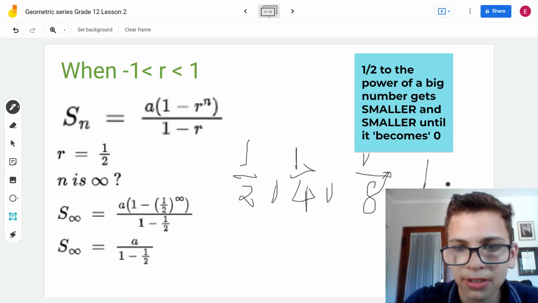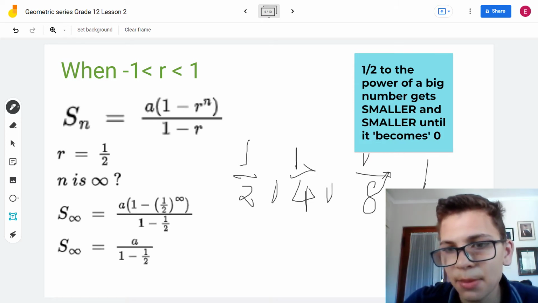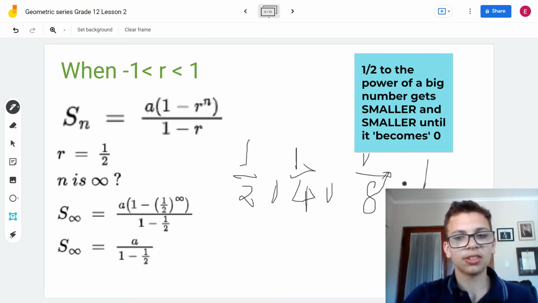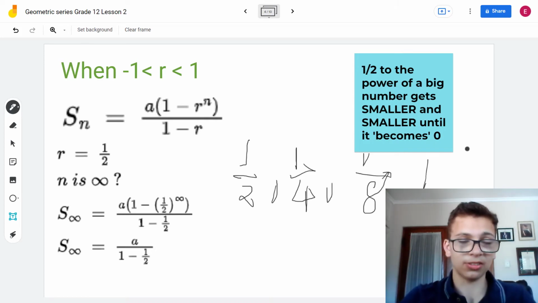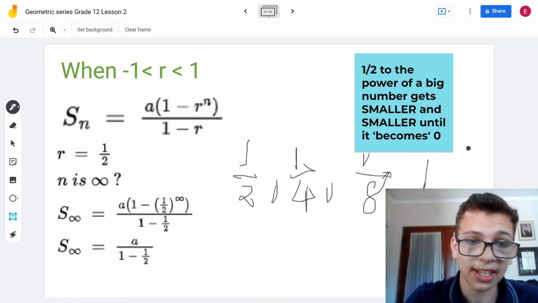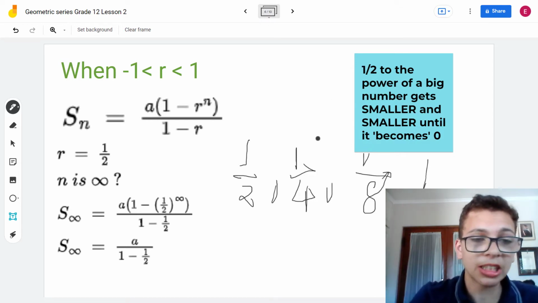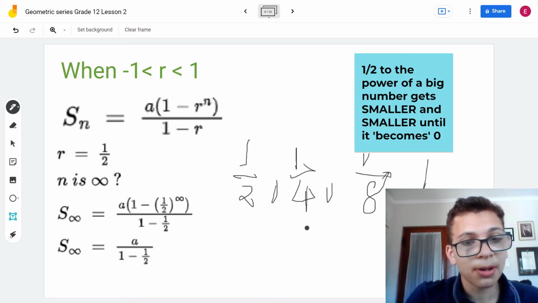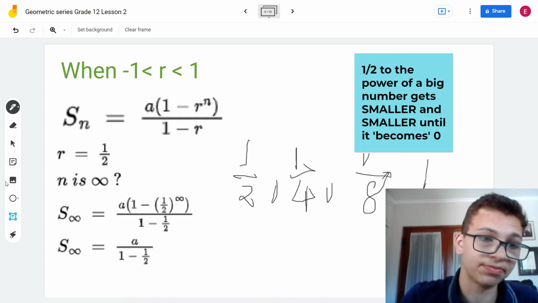A half to the power 4 will be 1 over 16. Each time it gets smaller and smaller: 1 over 32, 1 over 64, 1 over 128, and so on. So a half to the power of a big number gets smaller until it becomes 0. In other words, a half to the power of infinity tends to 0 as n tends to infinity.